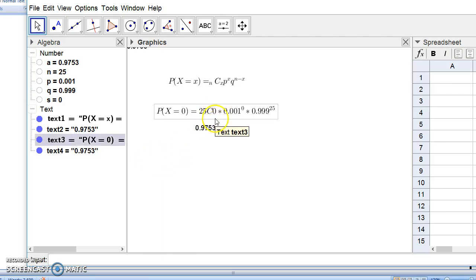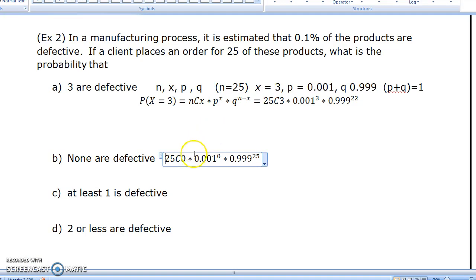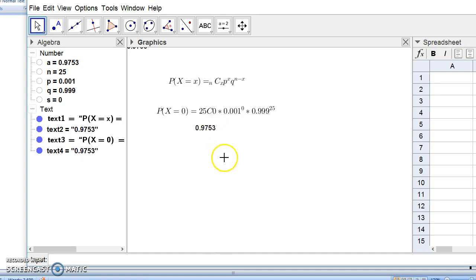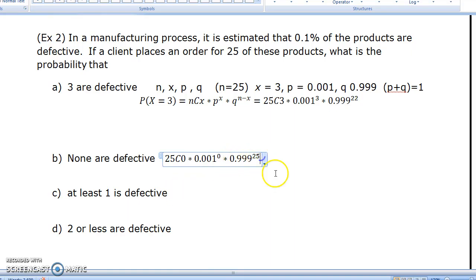So in a batch of 25, 97.5% of the time, we would not expect to find any defective parts. Again, all we had to do was plug in the number 0 into our equation for 0 defective parts and work out the probability. Okay, so we'll write down our answer, 0.9753.